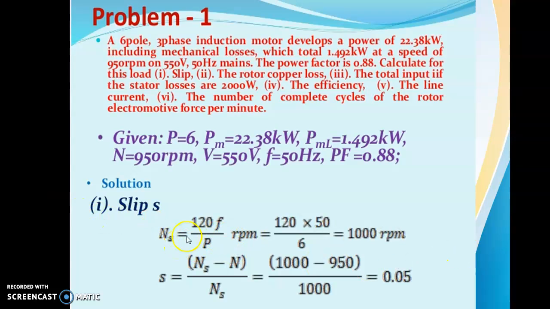We know the formula for synchronous speed is Ns equals 120 F by P. By putting the values of frequency 50 and number of poles 6, we will get Ns as 1000 rpm. Next, by putting the values of Ns and N as 1000 and 950 respectively, we can calculate the slip. That will come 0.05.